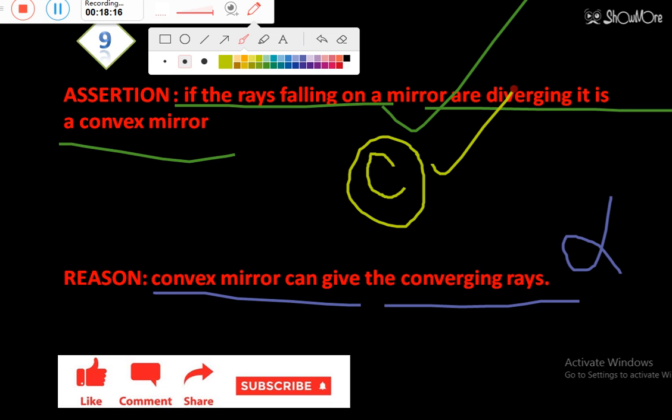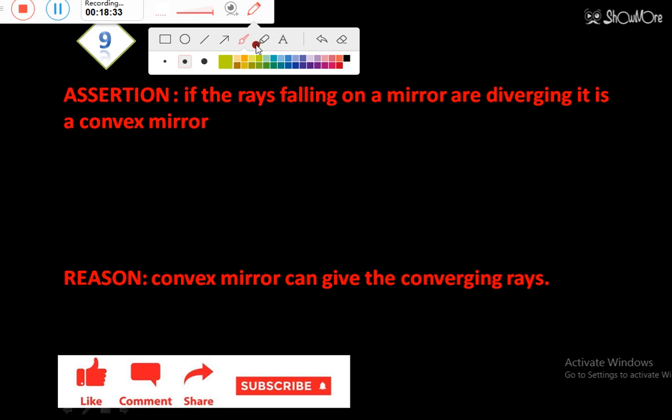You can do these questions only when you have gone through all the concepts thoroughly. So this is the answer for question number 9. Let's move to the next question.